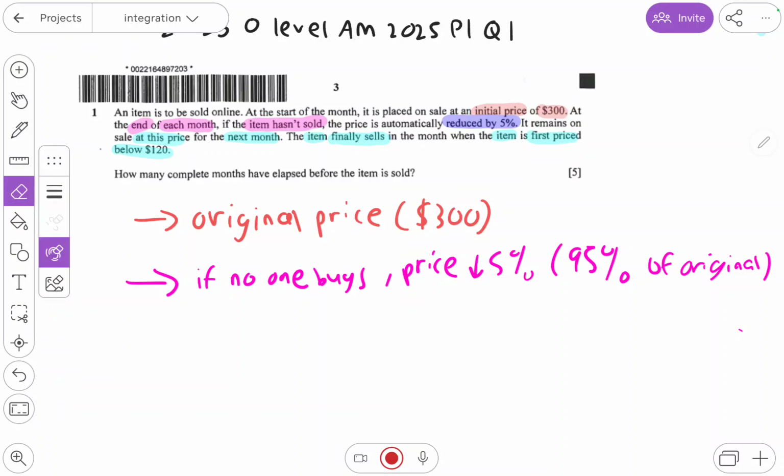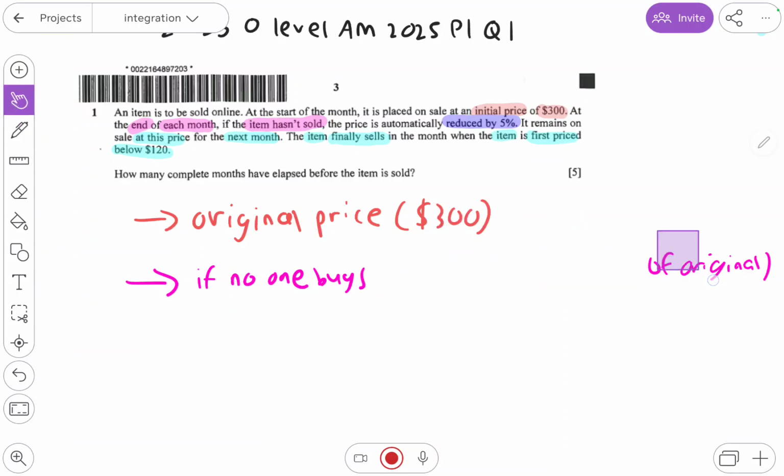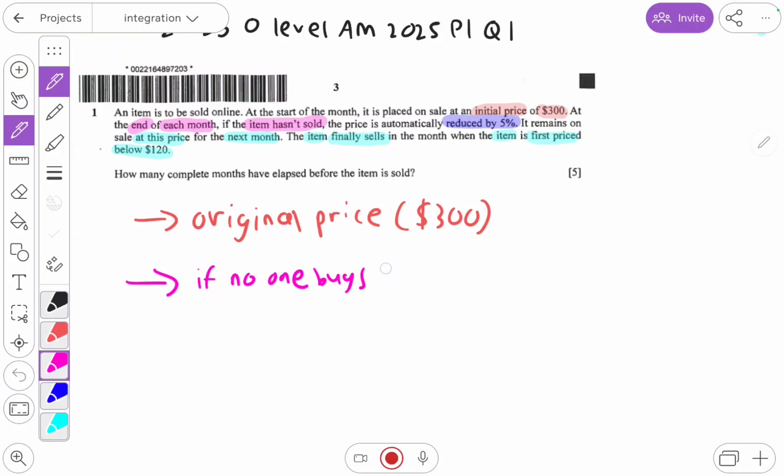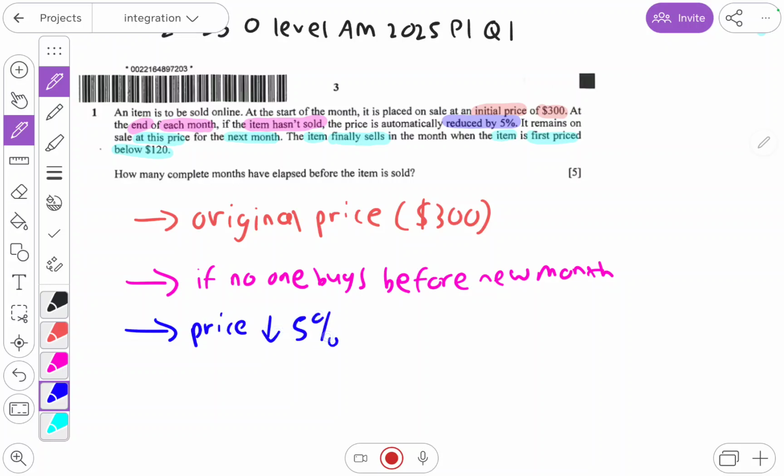Okay, wait, sorry, I shouldn't write it out like that. So no one buys before the next month starts, before the new month. This means that the price dropped by 5%. So what does this mean?